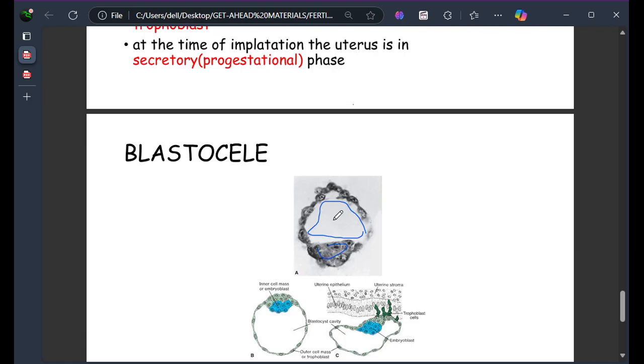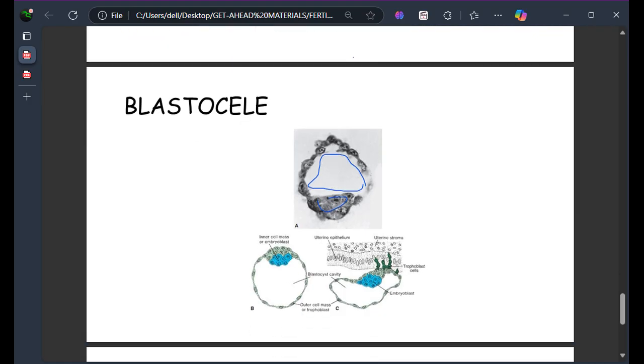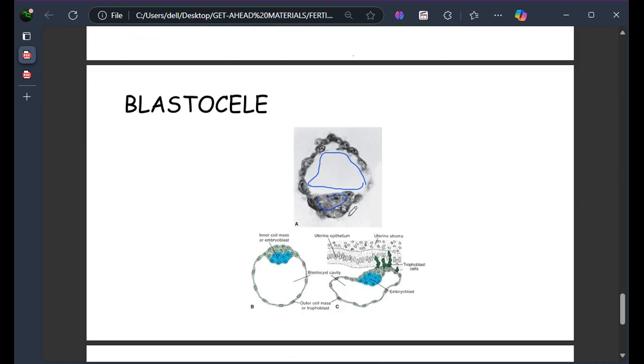Okay, once we are there, the blastocyst has a distinct inner and outer cell mass, like we said before. So this that we are seeing here is the inner cell mass, and the outer cell mass is this thing we are seeing on the outside there.